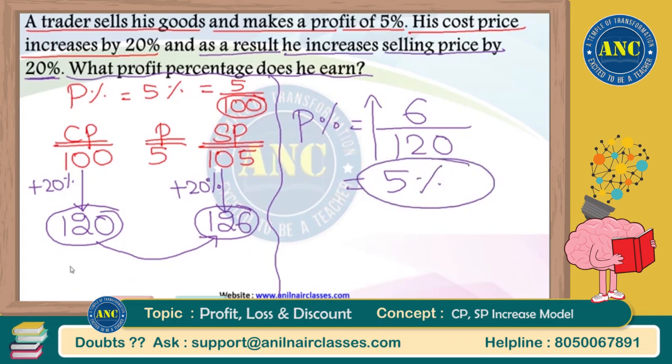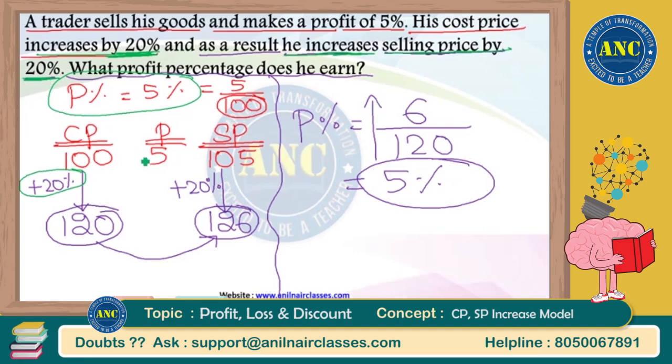That means in simple language, can I say that initial profit percentage was 5%. He is increasing the cost price by 20%, and because of that, he is also increasing the selling price by 20%.